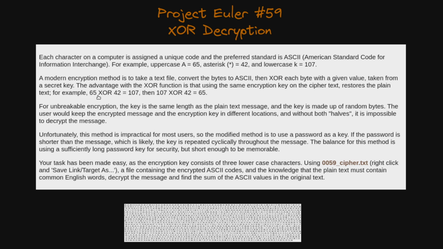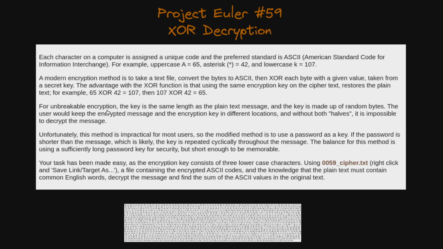For example, 65 XOR with 42 outputs 107, and if we again take the XOR with the same secret key, we are going to end up with the same input that we started. So if we take XOR an even number of times, we get the same output. That is the case here. We take the XOR with the input sequentially one after the other 2 times, and we end up with the same input that we started.